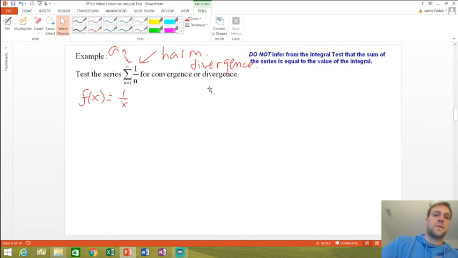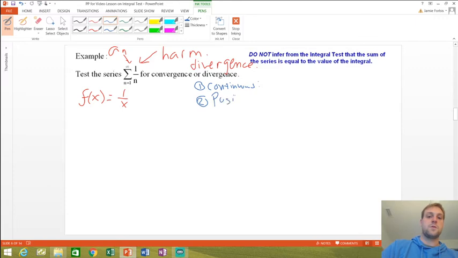I usually do it in this order. I'm going to talk about it being continuous, then positive, and then lastly decreasing. A lot of these are pretty logical.